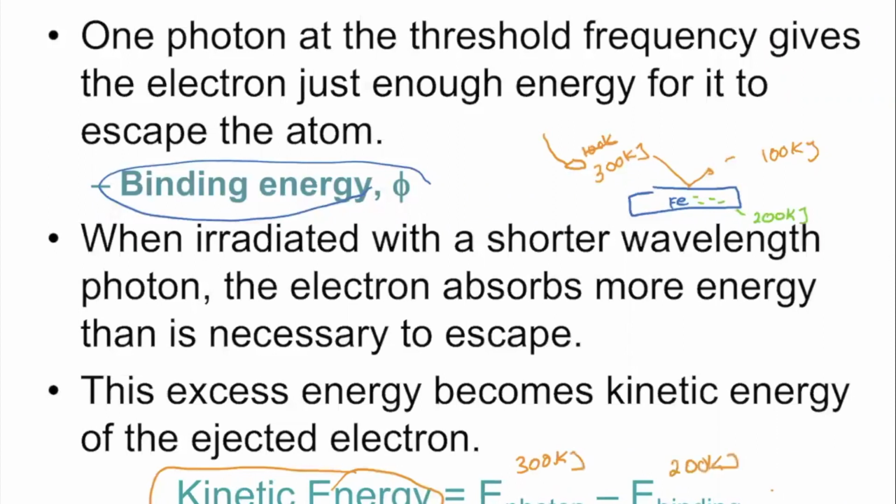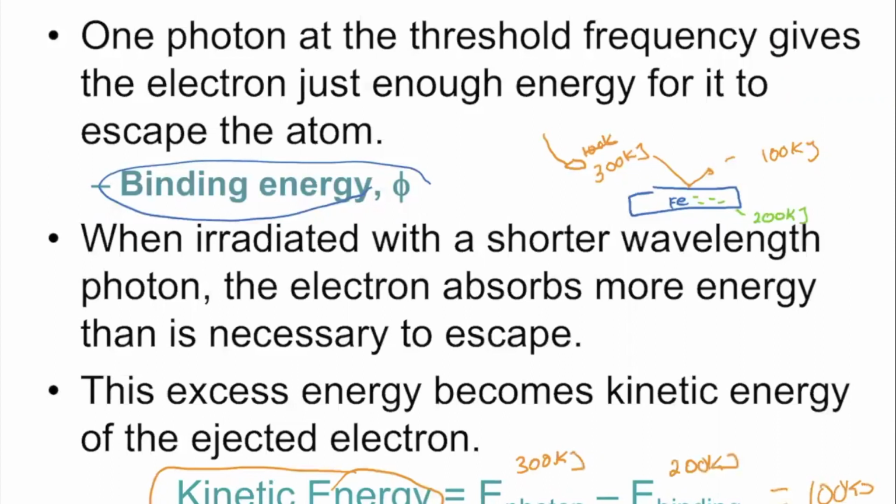So in this case, you will have 100 kilojoules of kinetic energy. This is just an example. The binding energy will be given to you. Also, kinetic energy can be calculated using Planck's constant times the frequency minus the binding energy.